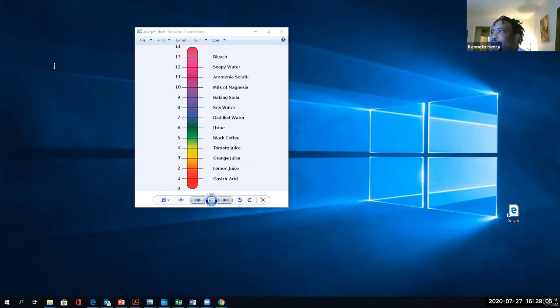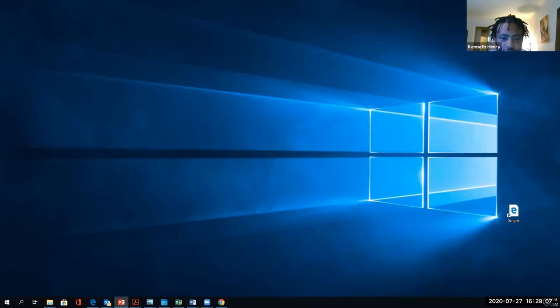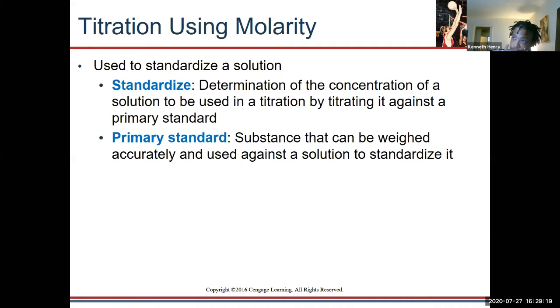Okay, let's see if we can go a little bit further. Often we will use what we call standardization solutions. Standardization is basically where we determine known concentrations and confirm our titration.